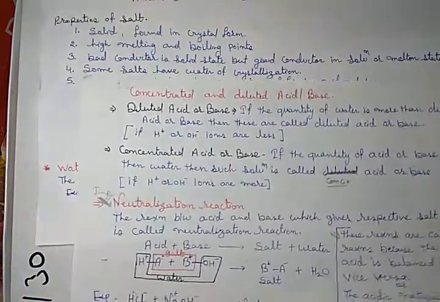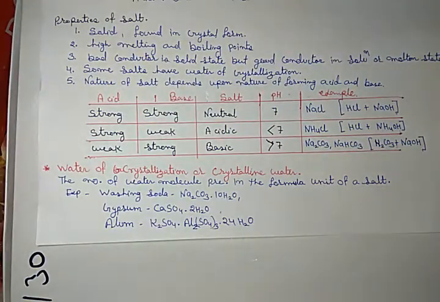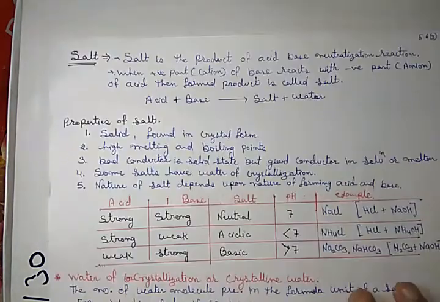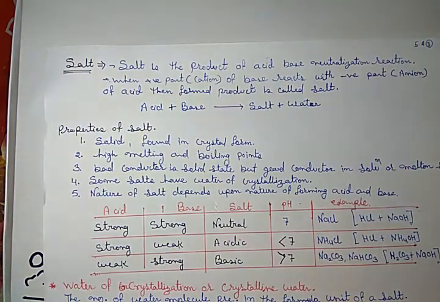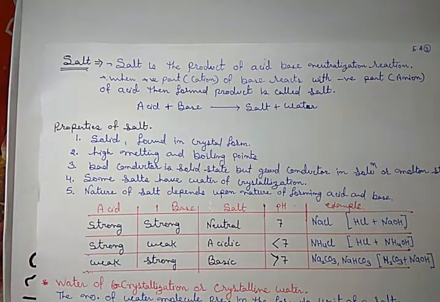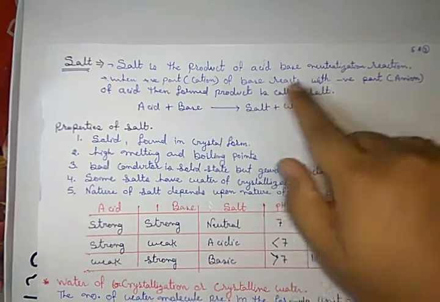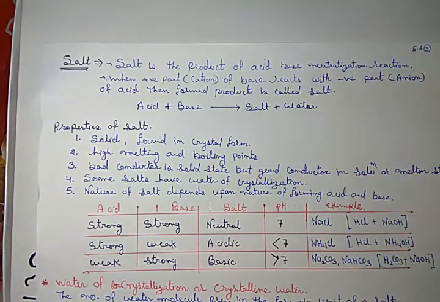Now let me move to our third topic, that is salt. As we discussed in neutralization reaction, salt was formed. So we can say that salt is the product of acid and base neutralization reaction.